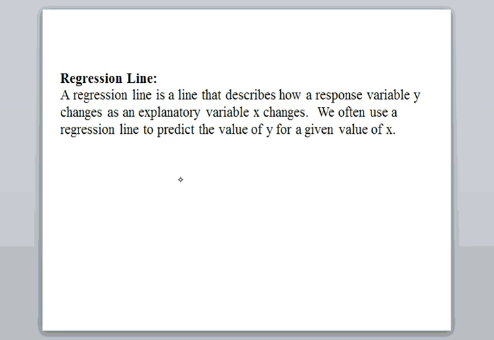Now, one thing that we have learned over the years, especially in mathematics, is y equals mx plus b. Well, this is our slope-intercept equation.